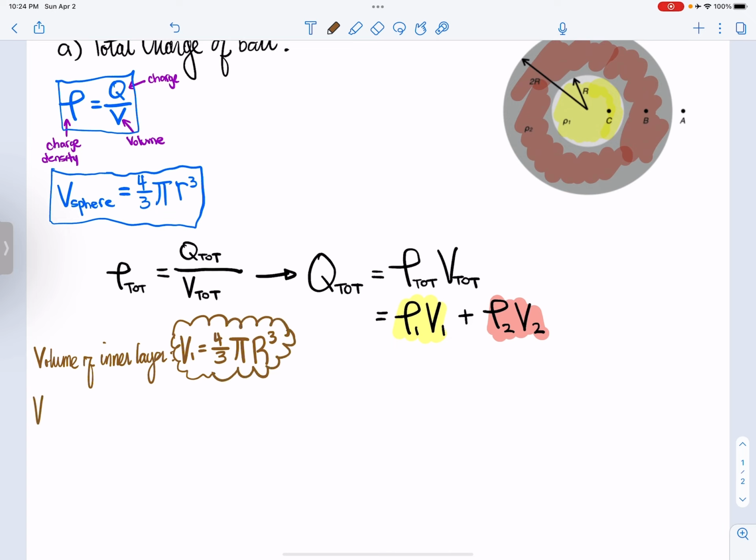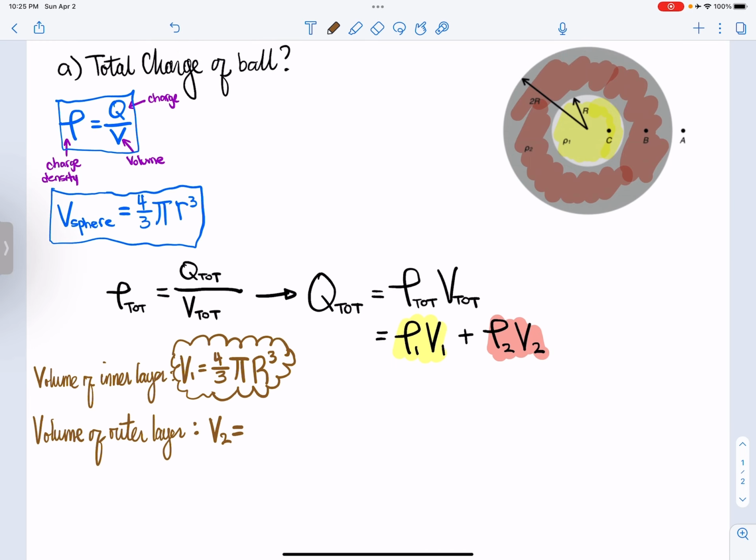All right? So the volume of the outer layer, we'll call that V2. What is that equal to? As we can see here, our outer layer extends from R to 2R. That's our outer layer.